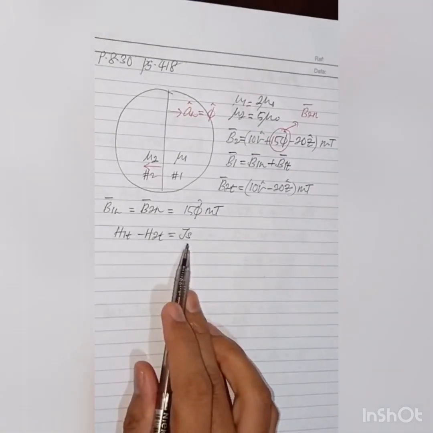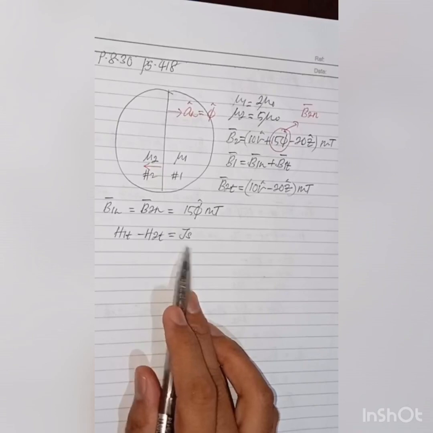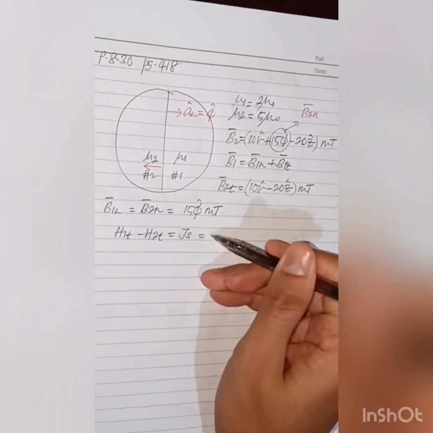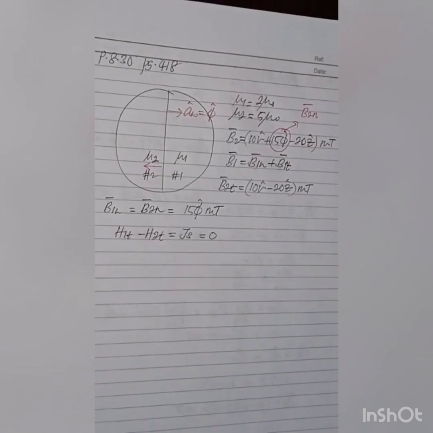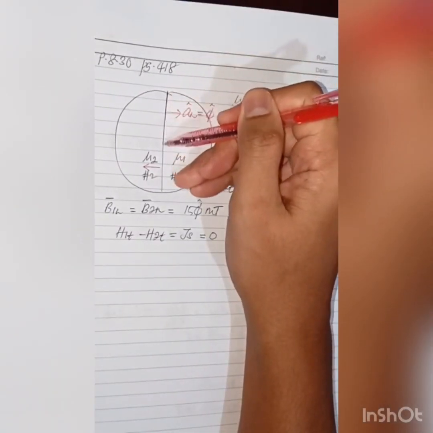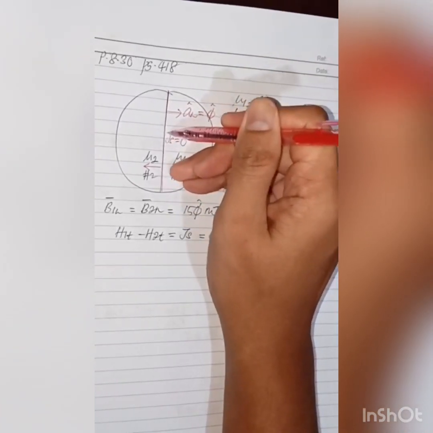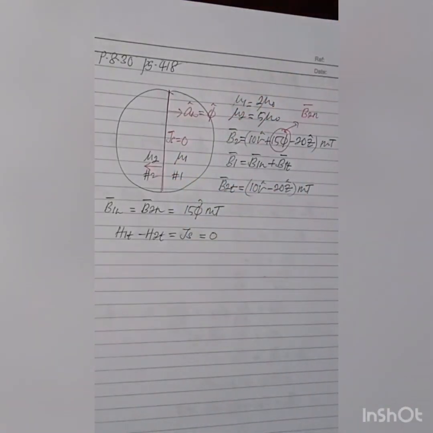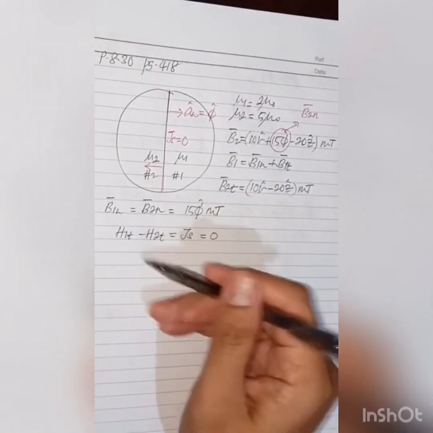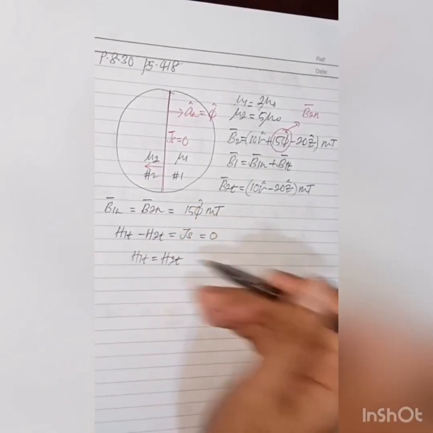This JS is the surface current density that may appear on the interface, but since there is no mention of surface current, we assume JS is 0 along this interface. So we have the final equation: H1T is equal to H2T.